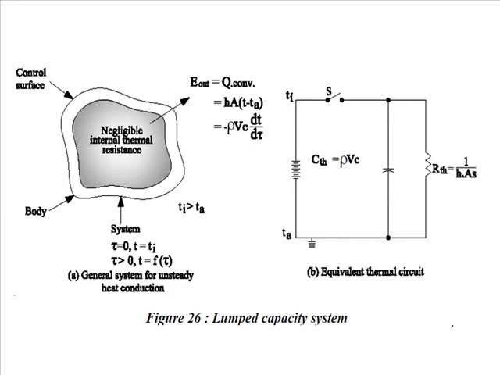Two temperatures you can see, Ti and Ta, the initial temperature and the ambient temperature. So friend, I hope figure 26a and figure 26b are clear to you. Now we will start to discuss lump capacity analysis for the system.